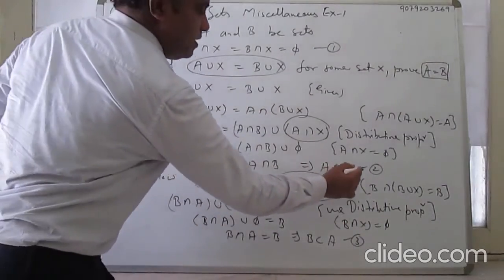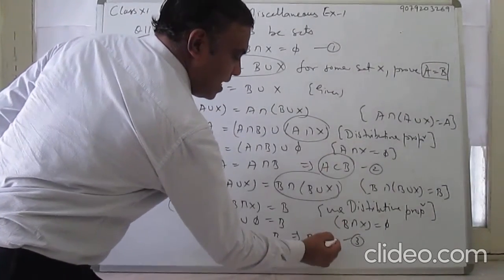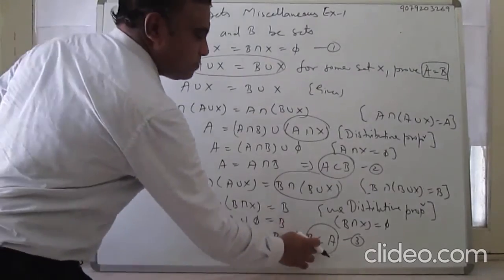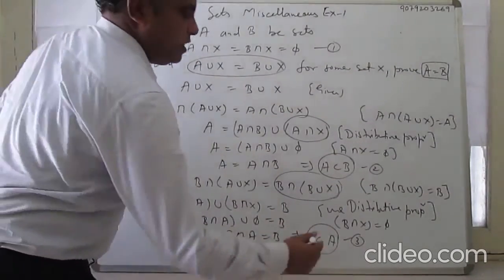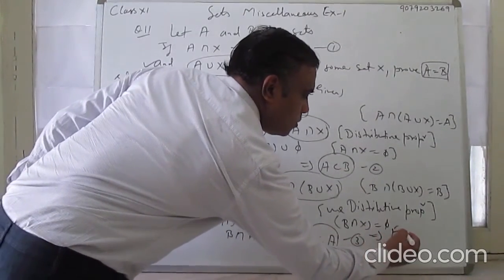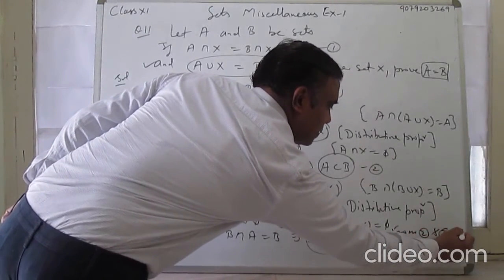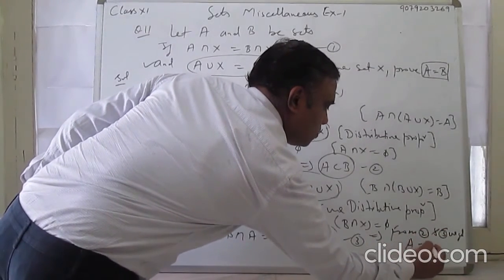From 2 and 3, A is a subset of B and B is a subset of A. From these two, we get A is equal to B.